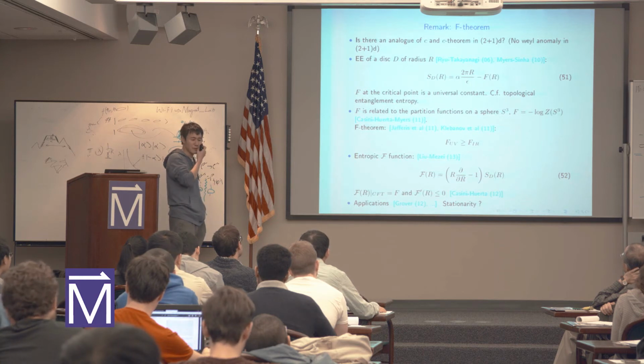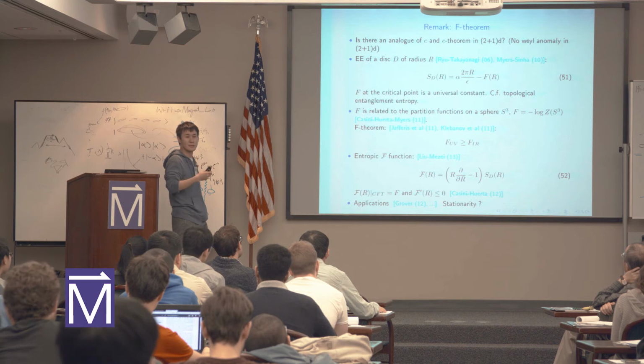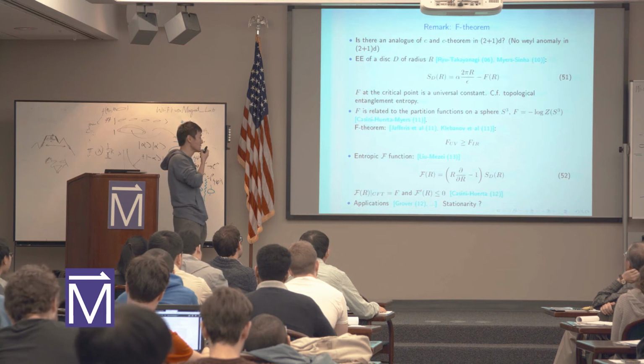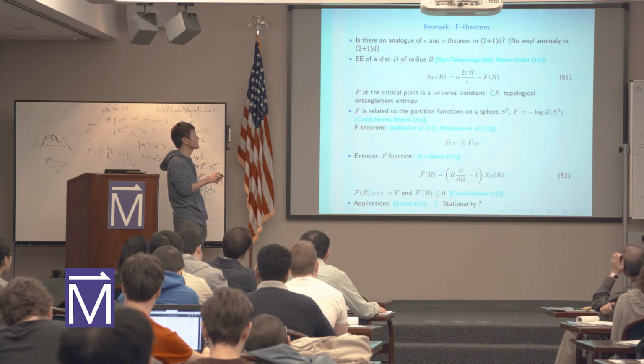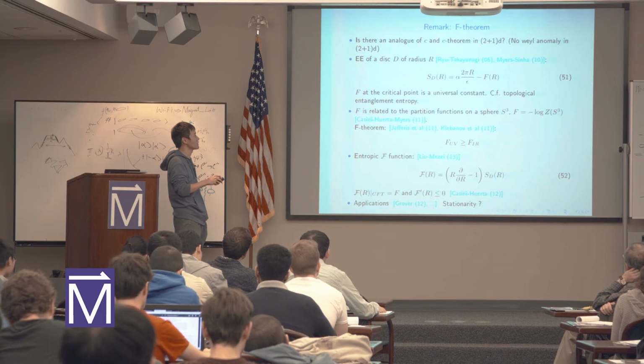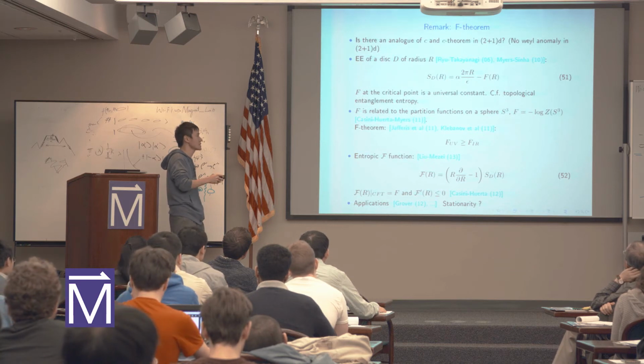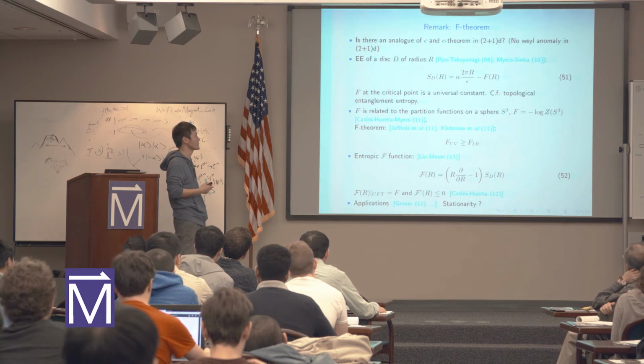I will actually mention topological entanglement entropy in maybe 10 minutes or so. If you are familiar with topological entanglement entropy, it's somewhat similar, but such a term exists also for conformal field theories.